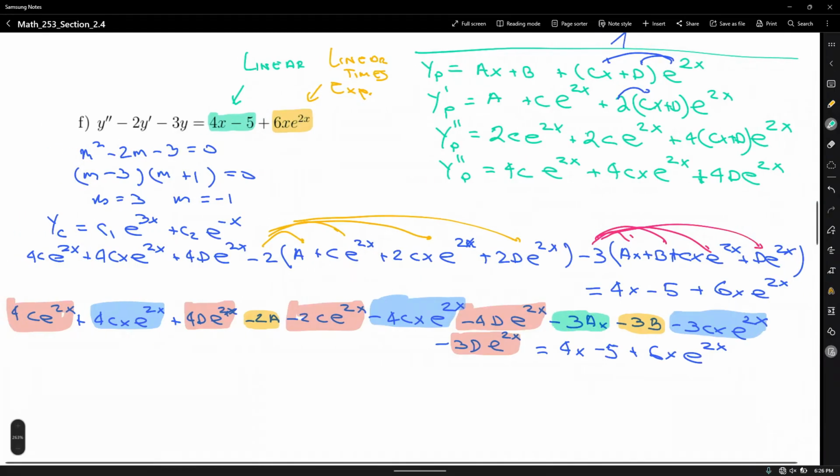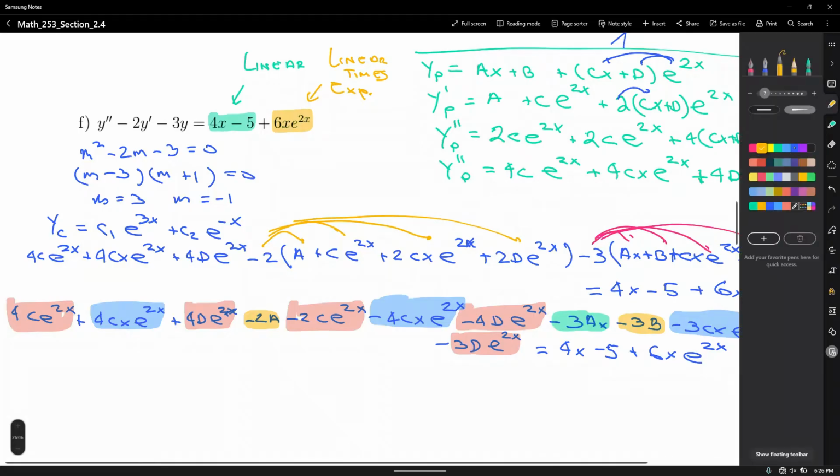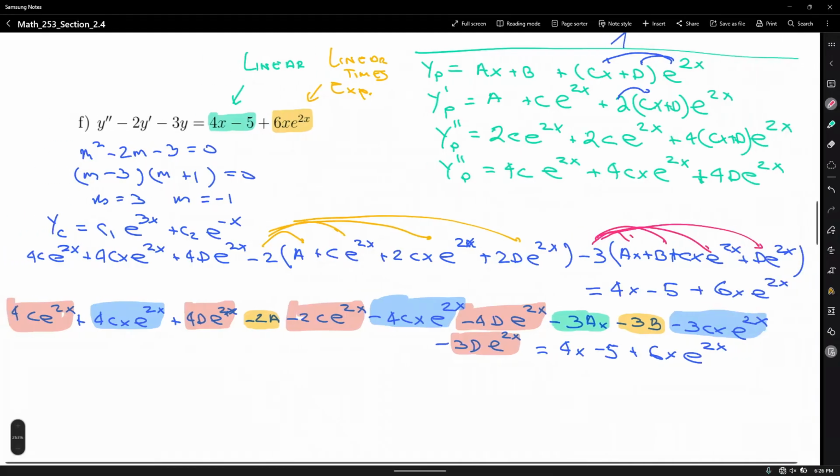Okay, do we have any like terms? How about 4d e to the 2x minus 4d e to the 2x? They go away. What else? 4cx e to the 2x with minus 4c e to the 2x. Do we have anything else? I believe that's about it.